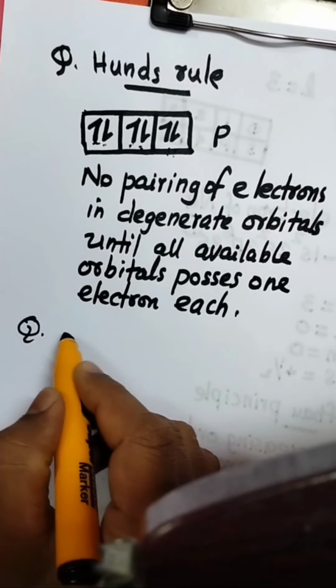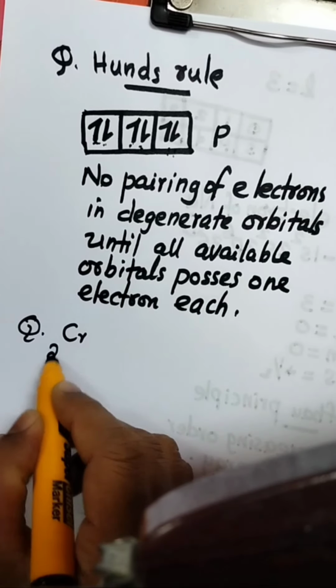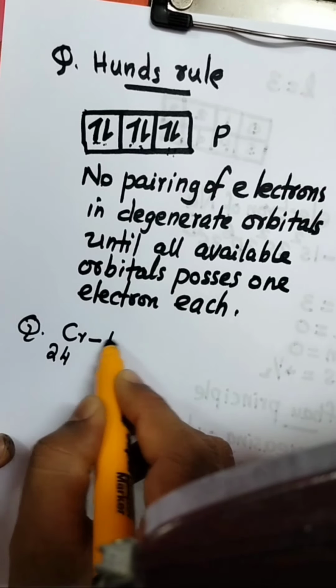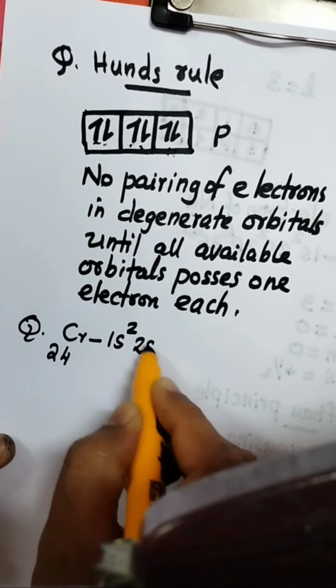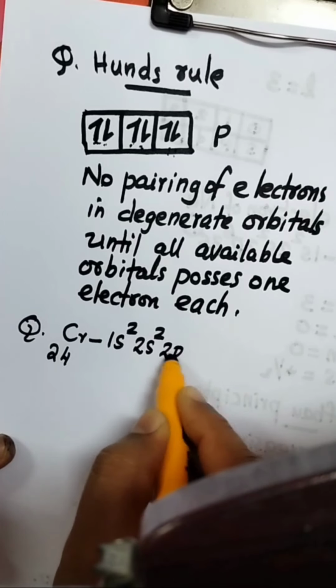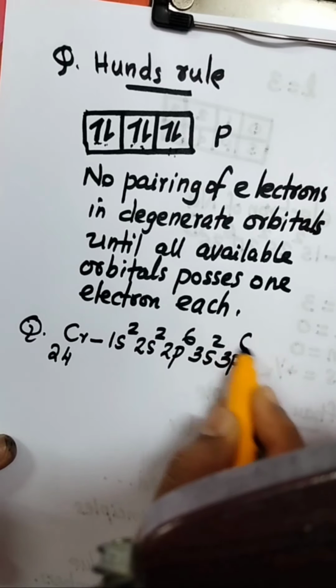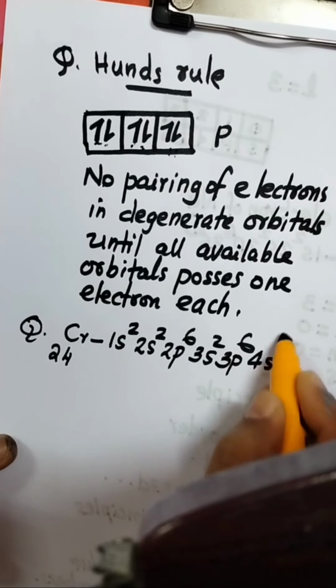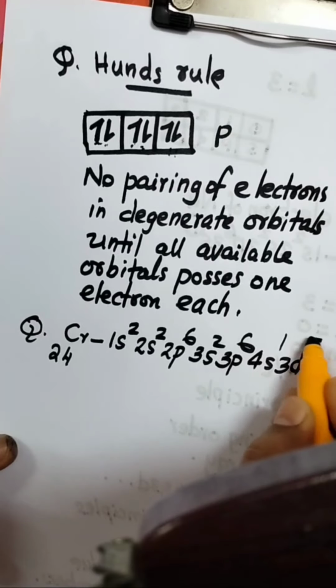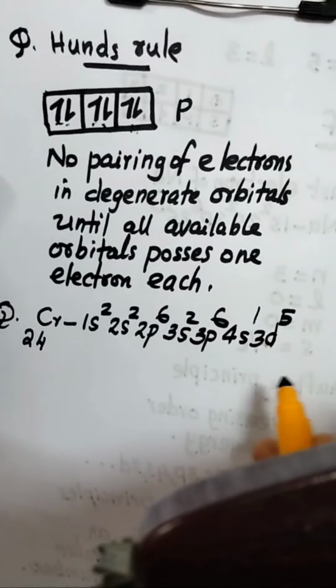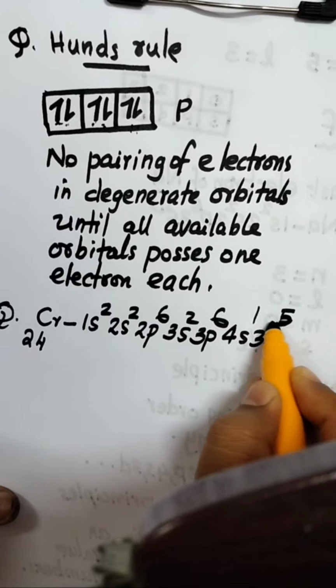Then the electronic configuration of chromium, atomic number 24: 1s2, 2s2, 2p6, 3s2, 3p6, 4s1, 3d5. Here it is an exceptional configuration, 4s1, 3d5.